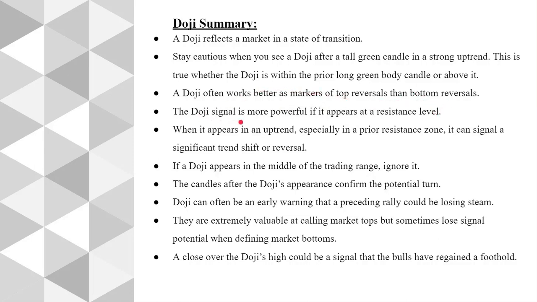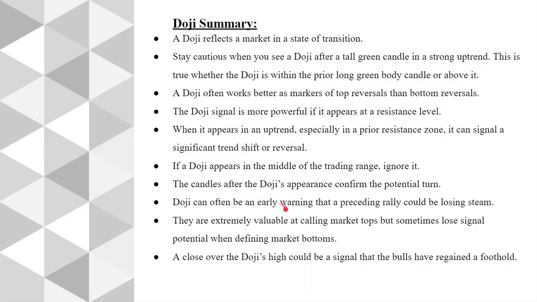The doji signal is more powerful if it appears at a resistance level. When it appears in an uptrend, especially in a prior resistance zone, it can signal a significant trend shift or reversal. If a doji appears in the middle of the trading range, just simply ignore it.